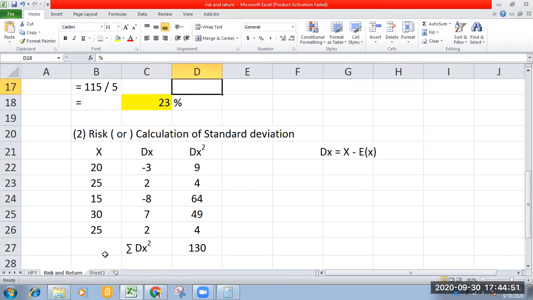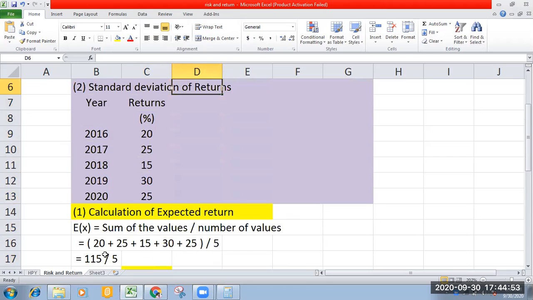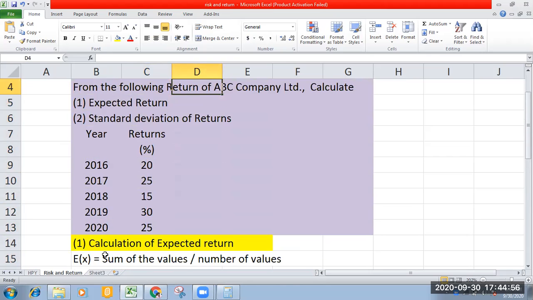So I hope we have a good understanding of this basic question on measuring expected return and standard deviation. It is recommended that you pause the video and practice the question on your own, and check whether your steps are going correctly or not by playing the video later. So don't directly copy from the video. Try on your own and check the results within the video.